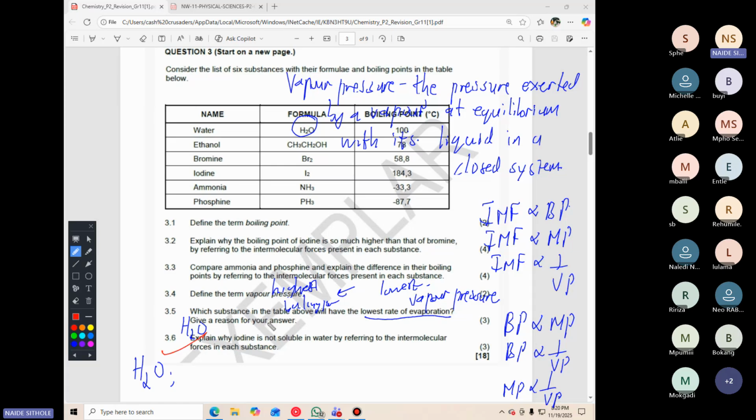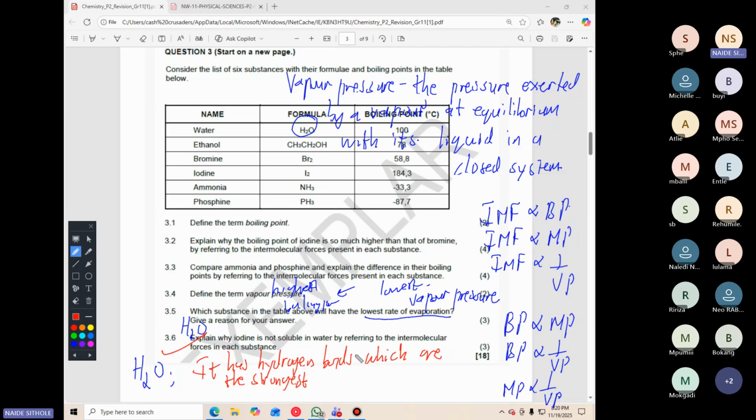Meaning the reason is worth 2 marks. We're going to say it has hydrogen bonds, which are the strongest intermolecular forces. Remember, I'm stretching it out because it's 2 marks. Otherwise, it's just because it has a higher boiling point.